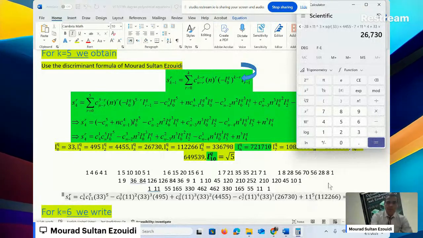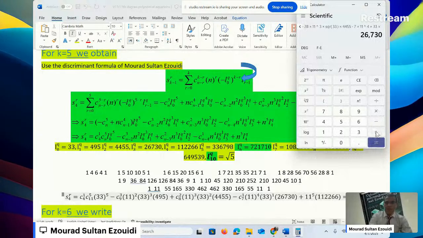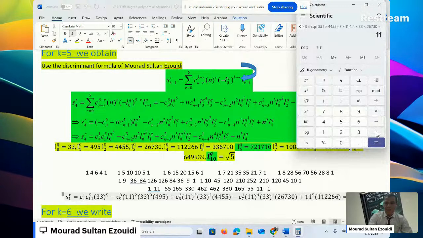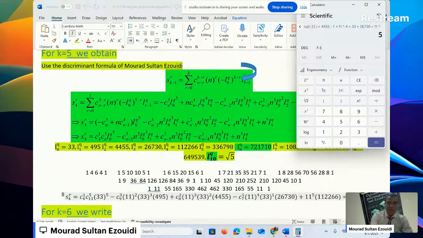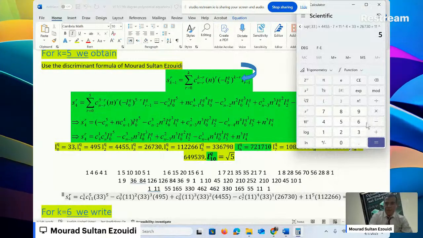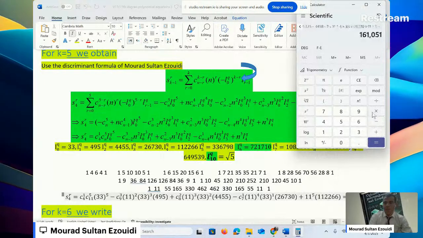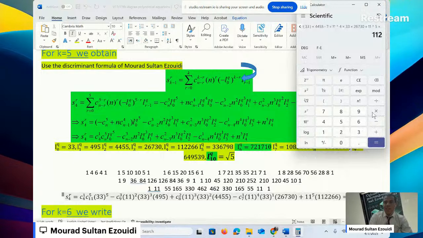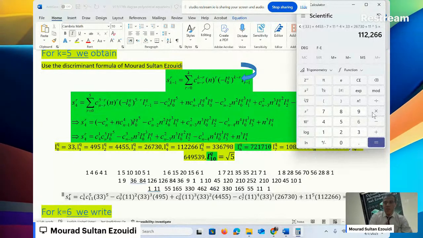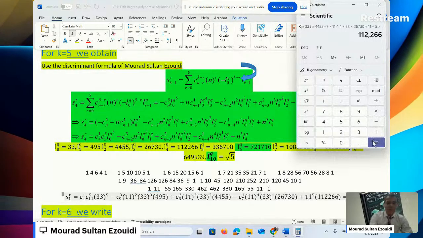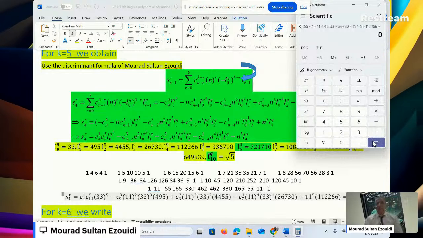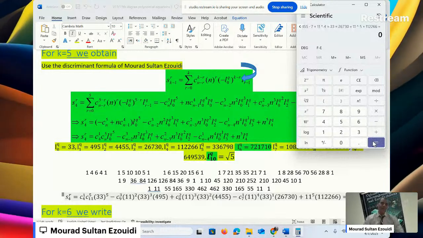Then plus 11 raised to the power 5 multiplied by 112,266. For my kids, in fact, it was zero. You see? Okay, let's continue.